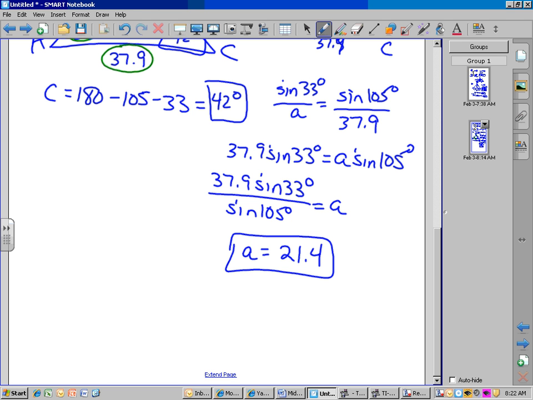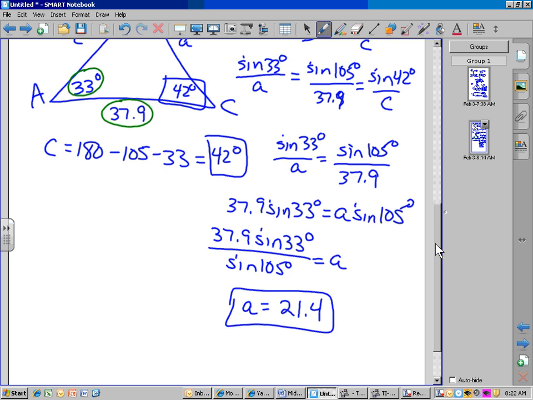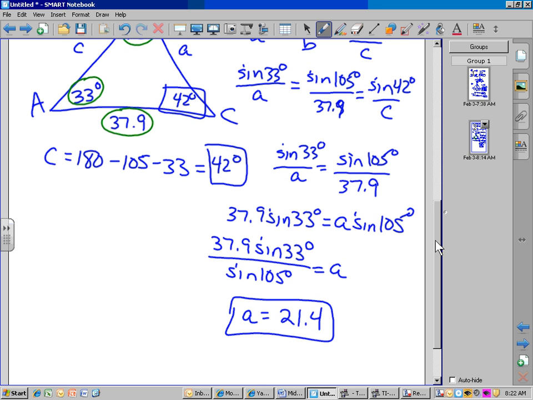Okay? And then we do it again. We go back up. In this case, we'll cover up sine of 33 over a, or take that away, which leaves us with the sine of 105 over 37.9 equals the sine of 42 degrees over c. We solve for c.